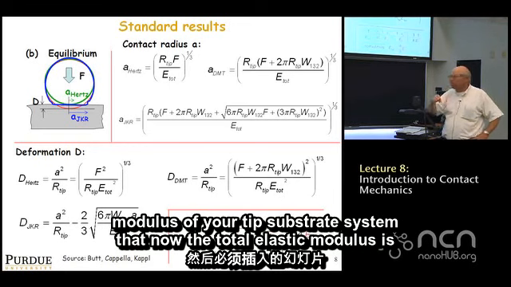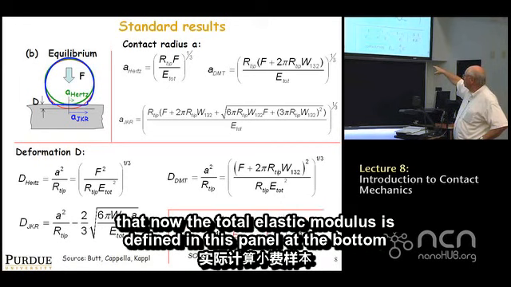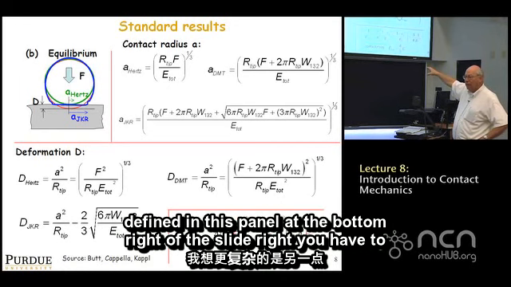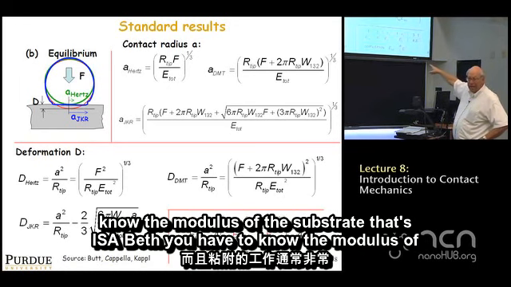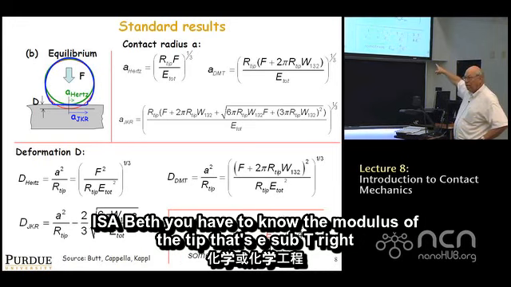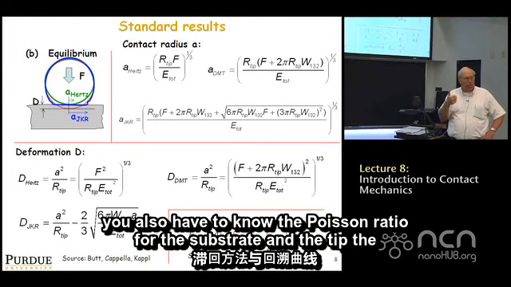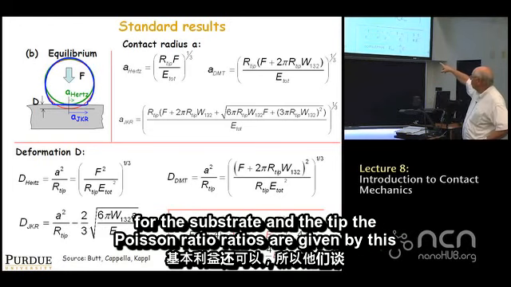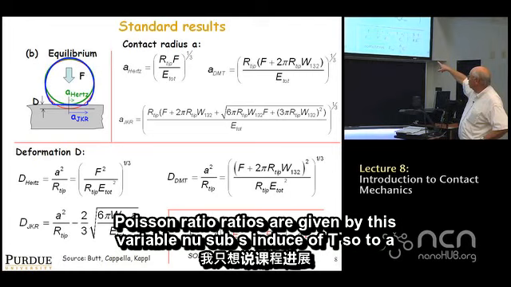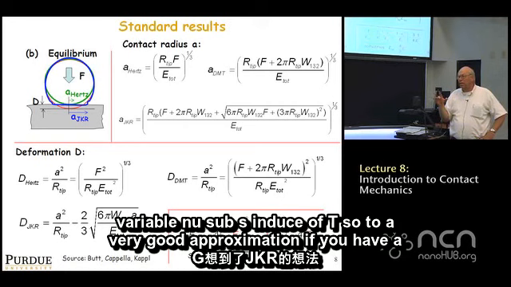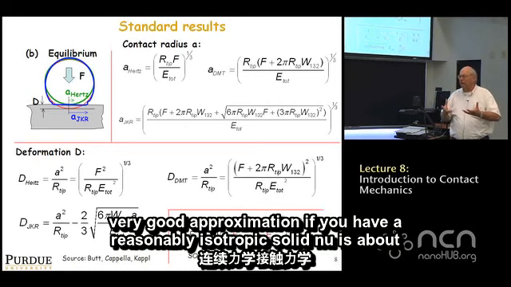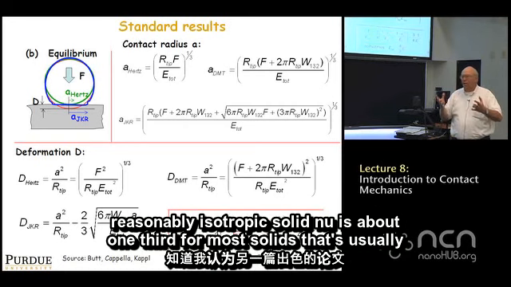system, now the total elastic modulus is defined in this panel at the bottom right of the slide, right? You have to know the modulus of the substrate, that's E sub S. You have to know the modulus of the tip, that's E sub T. You also have to know the Poisson ratio for the substrate and the tip. The Poisson ratios are given by the variables nu sub S and nu sub T. To a very good approximation, if you have a reasonably isotropic solid, nu is about 1/3 for most solids.